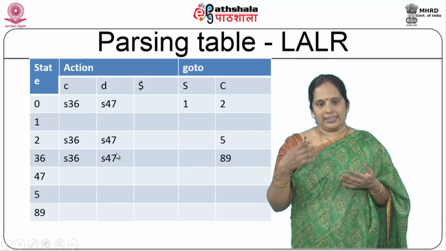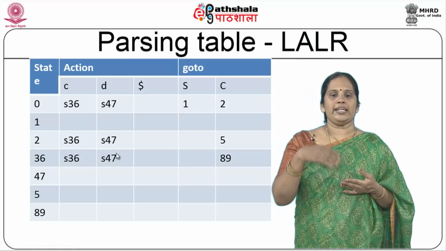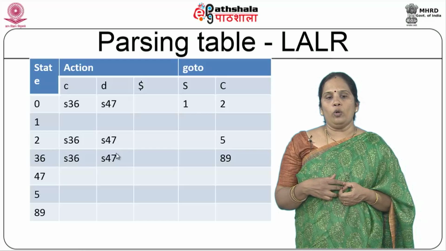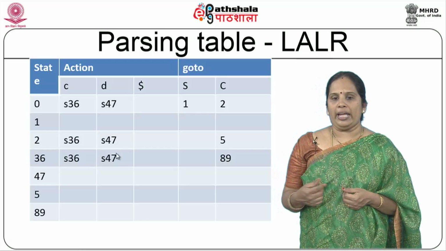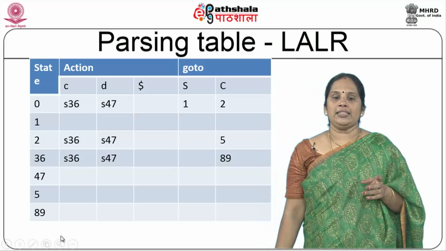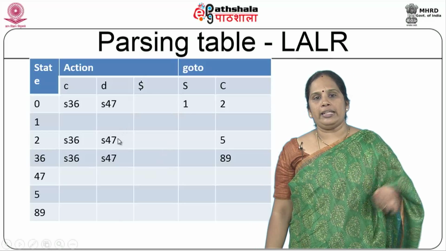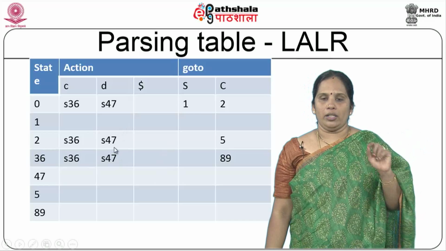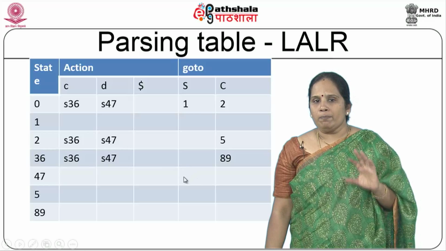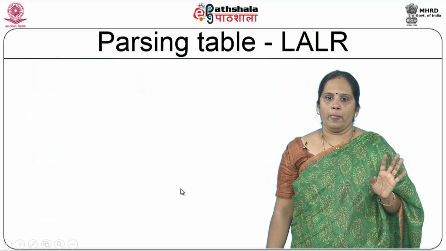Where I had goto 36 on C going to 8, I will now go to 89. So, I am renaming the states as 89, 47, 36 as against a 3 or a 6 or a 4 or a 7, okay. I am just merging the states into one, okay.